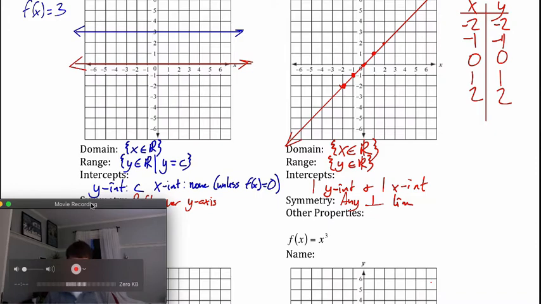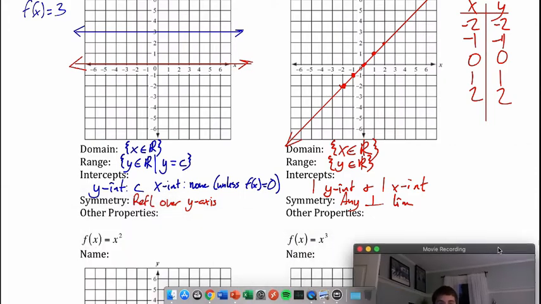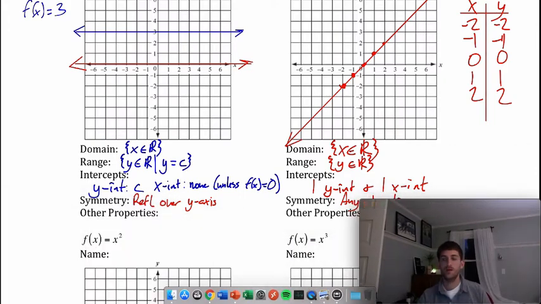This one would have a perpendicular line that would run maybe like that or anywhere else. Any perpendicular line to a linear function will be an axis of symmetry. Okay, let me move my image again. Clearing out. There we go.